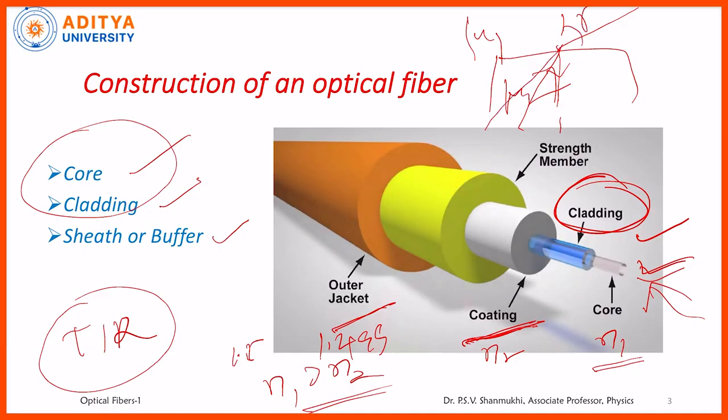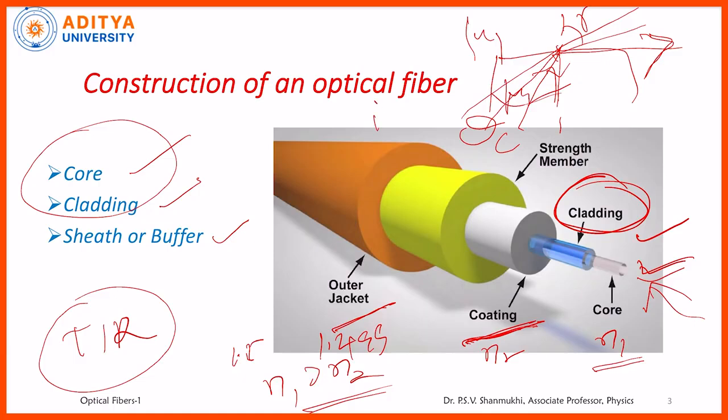As we increase the incident angle, the angle of refraction increases. At a particular incident angle, denoted by theta c, the light travels along the boundary of separation of the two media, without suffering refraction or reflection. That angle is called the critical angle.